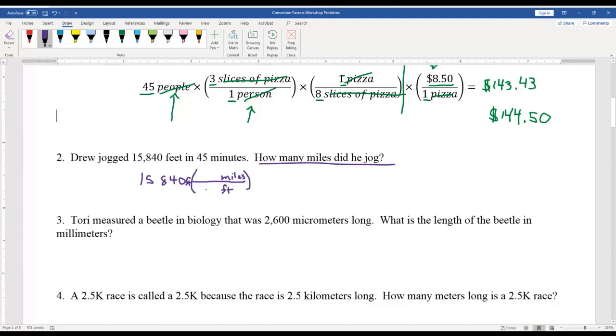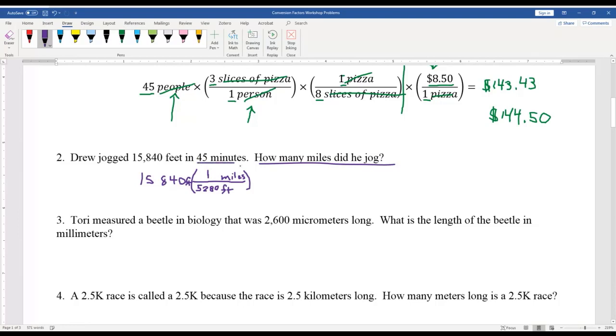Now you'd ultimately have to look up in a table for miles and feet if you didn't know it offhand. But essentially 1 mile we know is going to be 5,280 feet by definition. And I don't think your professor would actually expect you to memorize this. This would be something that would be given to you. Now question, do I have to do anything else?